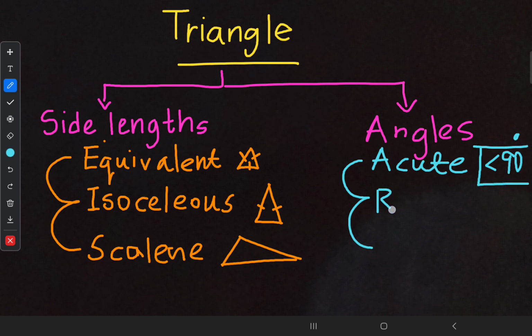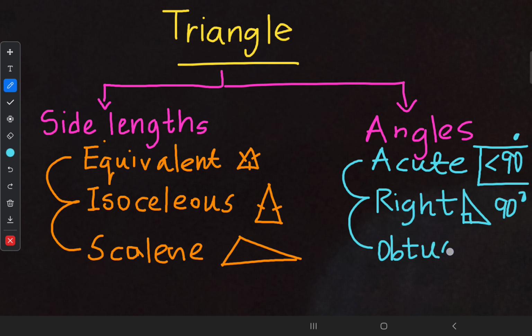Then the next classification is the right triangle. In a right triangle, you will have a shape something like this, where only one angle is equal to 90 degrees. And the third classification is obtuse. In an obtuse triangle, you can see a shape something like this, where one angle is greater than 90 degrees.